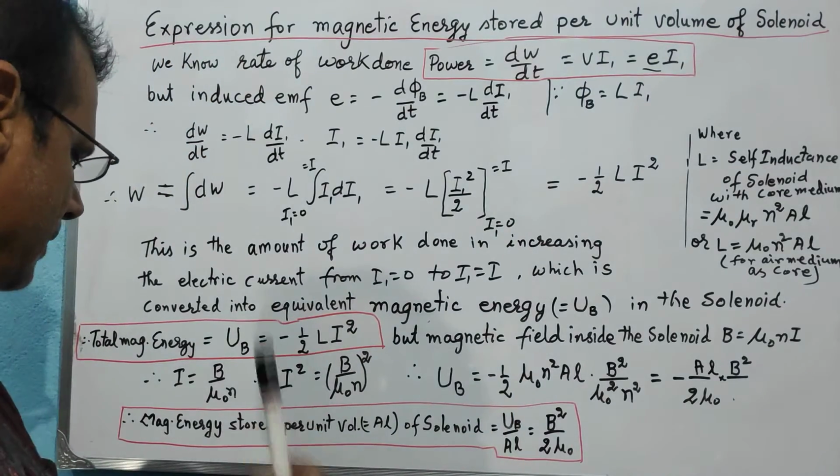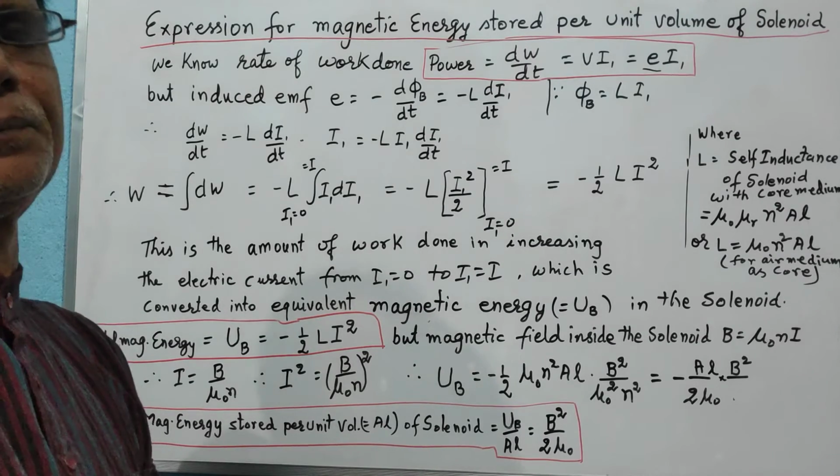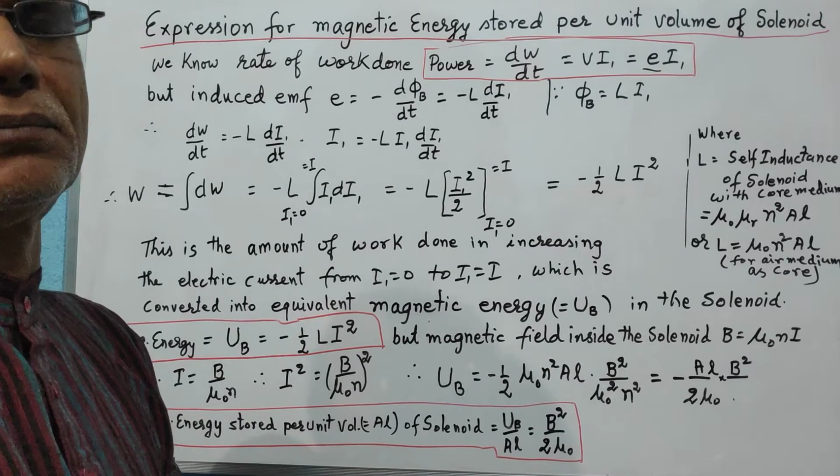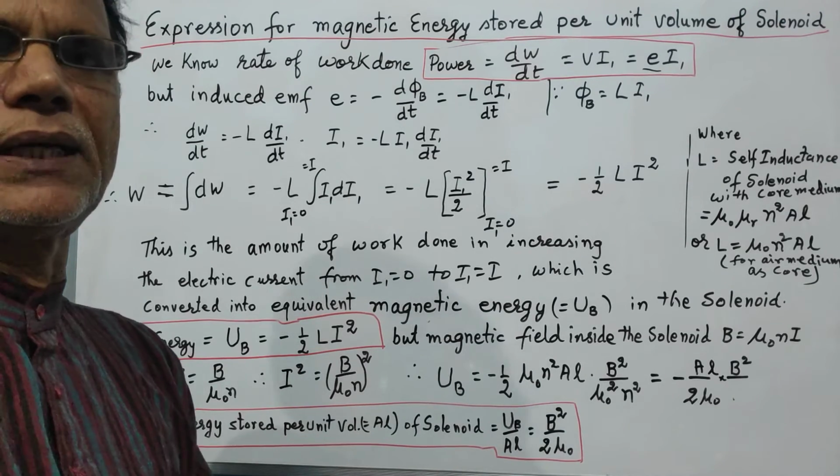This is the total magnetic energy stored per unit volume in the solenoid when a current is raised from 0 to I flowing through the solenoid.